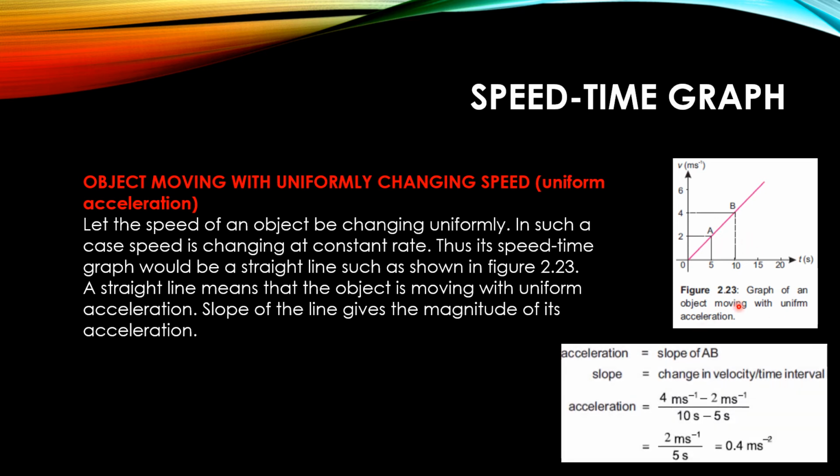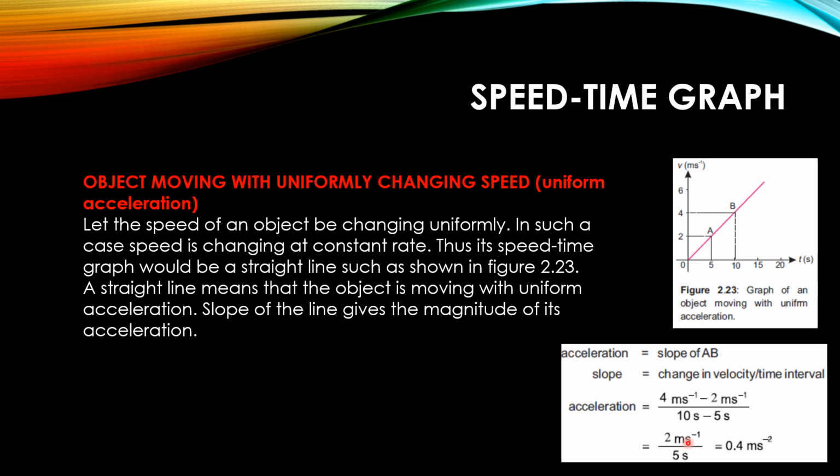Now come to the graph of an object with uniform acceleration. Here again time is along the x-axis and changing equally. On the y-axis we have speed, which is also changing equally with equal intervals of time. So we have a straight line, and the slope of AB will give us the value of acceleration. Here y2 is 4 and y1 is 2, x2 is 10 and x1 is 5.